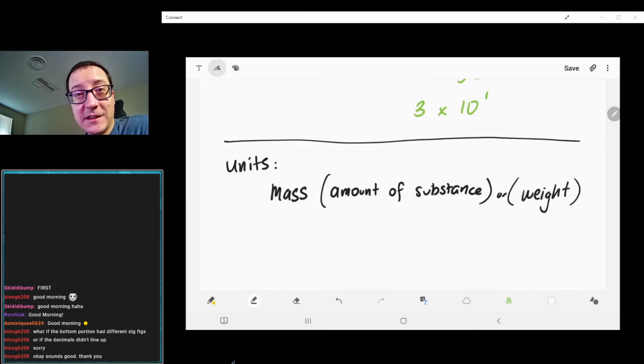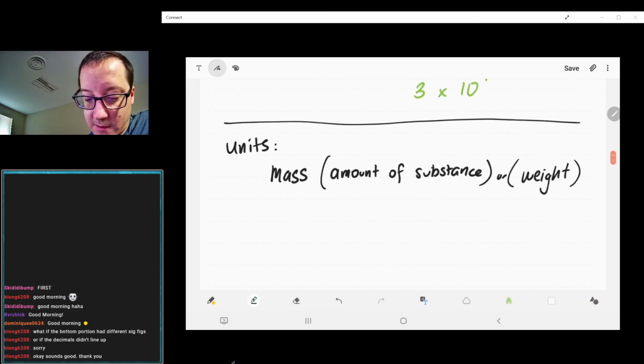Technically, weight is a force. Physics people will get very mad if I tell you that mass and weight are the same. But all the balances and scales that we use to measure weight do so using force anyway, so it's kind of a moot point. And since we are on Earth, they will be the same anyway. So we'll be okay with that. But technically, weight is not the same thing as mass.